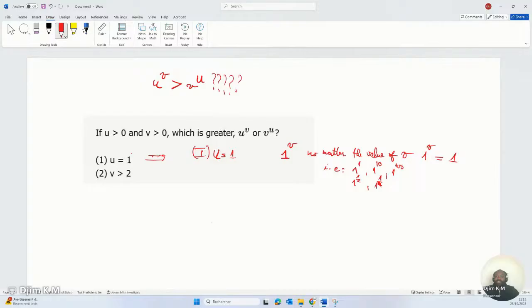On the other side, we have to compare this 1. We have to find out if 1 is greater than v to the power 1. But the only thing we know about v is that it is greater than 0. So 1 could be less than v like this if v is less than 1.